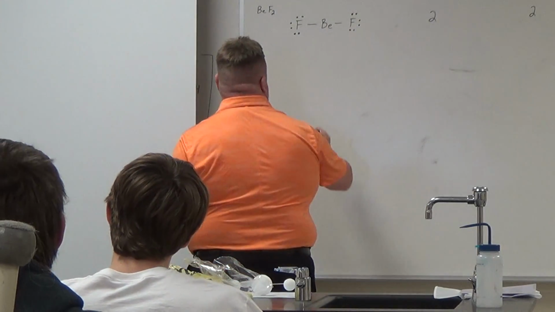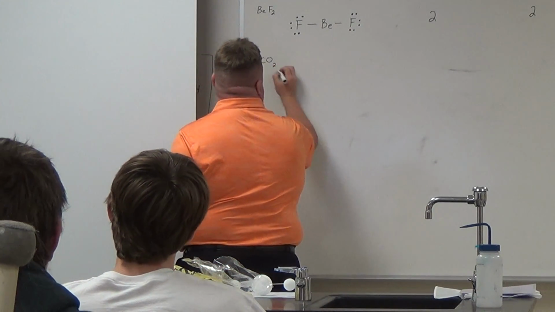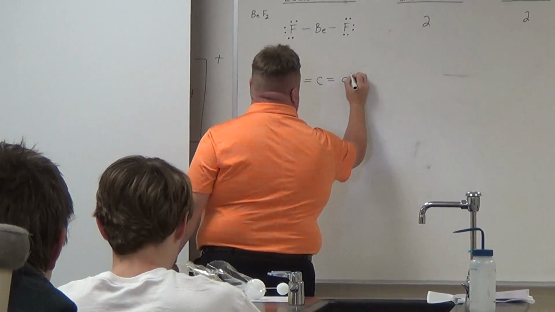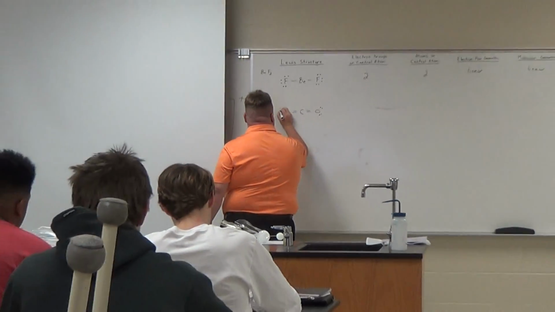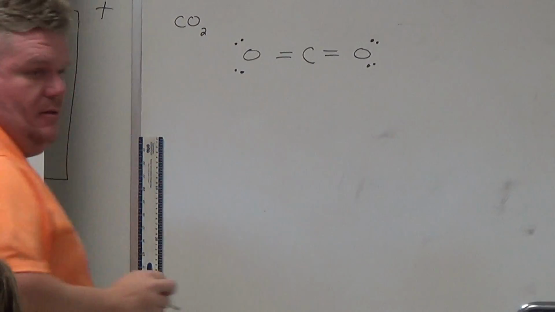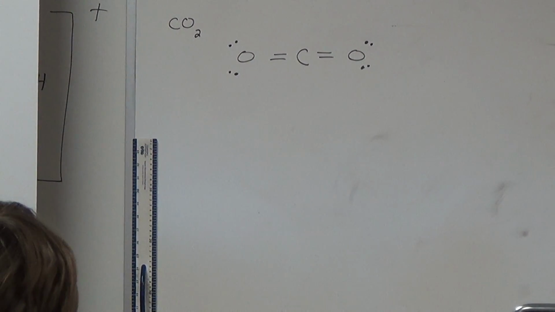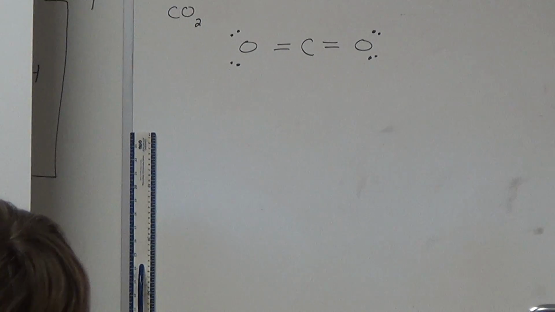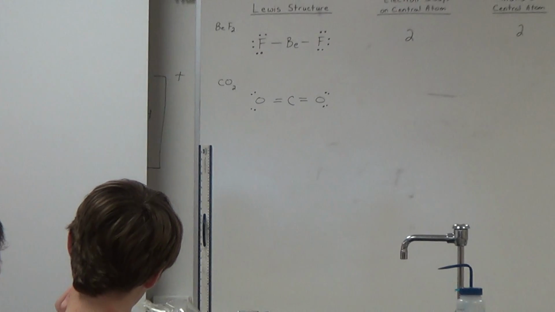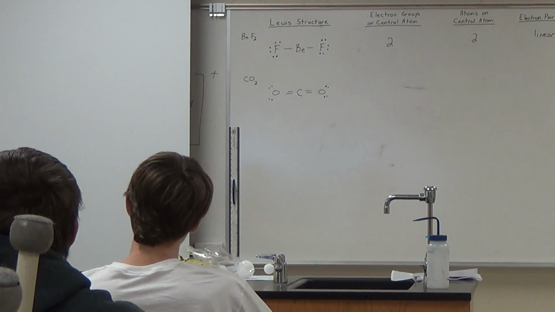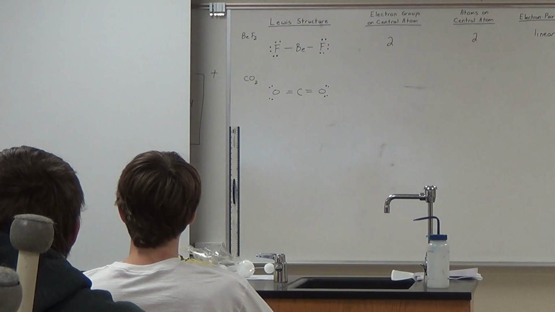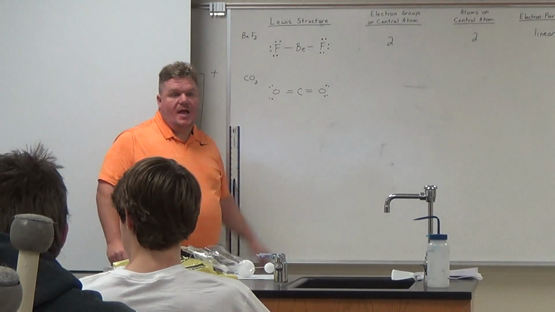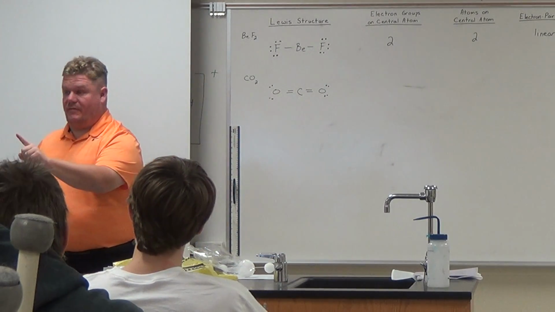CO2. Your Lewis structure should end up looking like so, with two double bonds, one to each oxygen. Any questions on that Lewis structure? Double bonds, while we are sharing two pairs of electrons, still count as just one group of electrons.